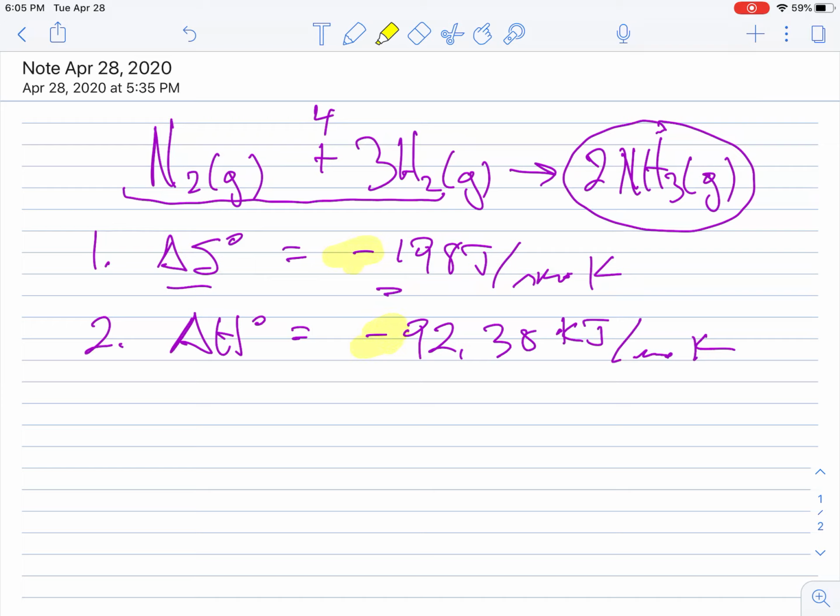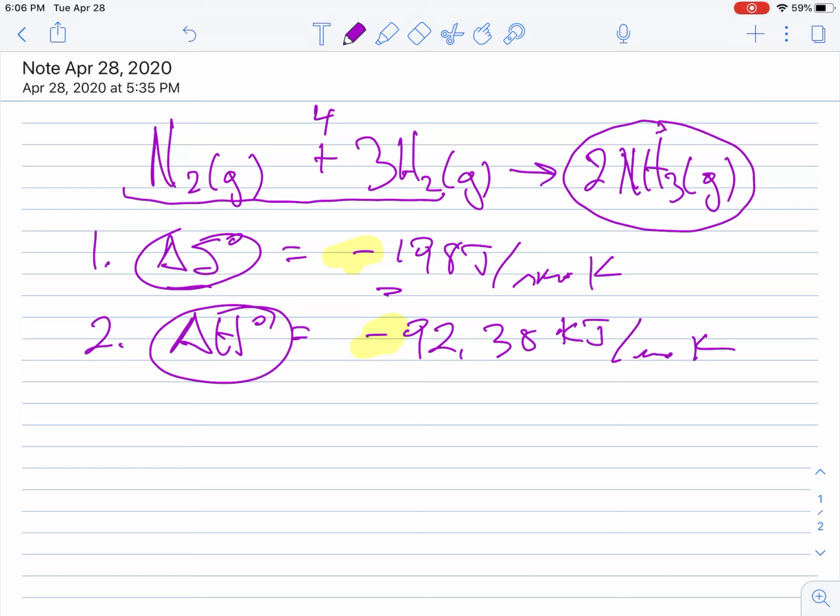So your enthalpy term is driving it towards spontaneity, and your delta S, the change in entropy, is driving it away from spontaneity. So right away we know this is going to be a temperature-dependent reaction. They're both negatives, so the temperature has to be below a certain point, okay, and we can find that, okay?